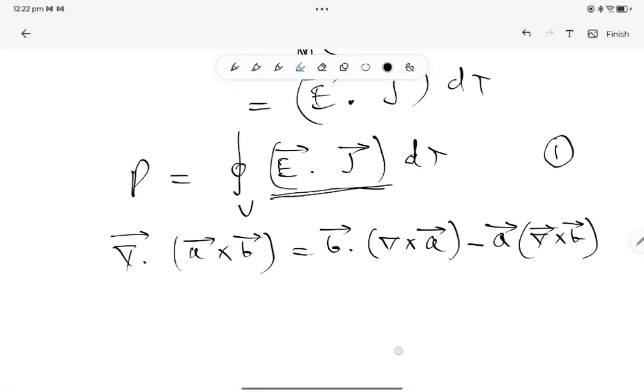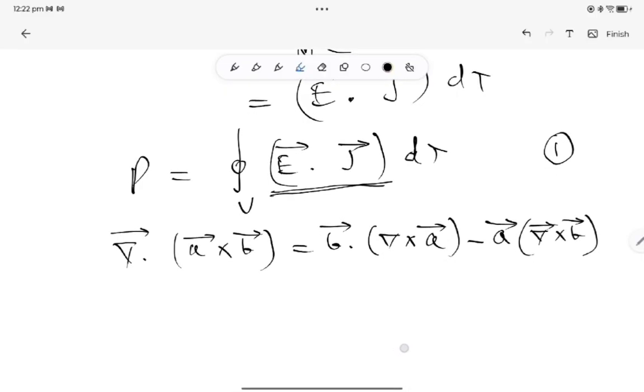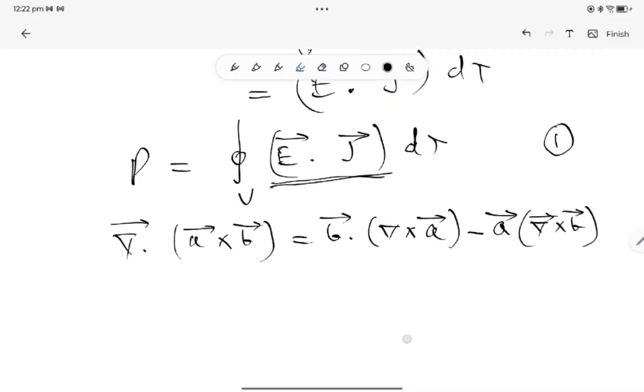Now, where from can we get this E dot J? Yes, of course, we will have to use one more thing.